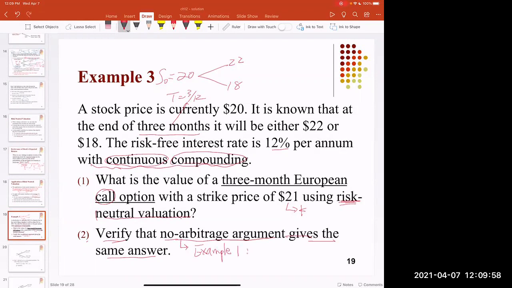At that time, we found the call price, which is f0. Can you go back to example 1, see your notes, and tell me what option price you got over there?